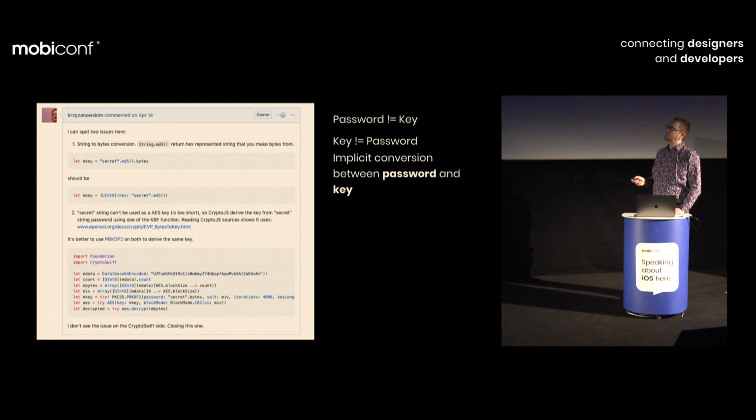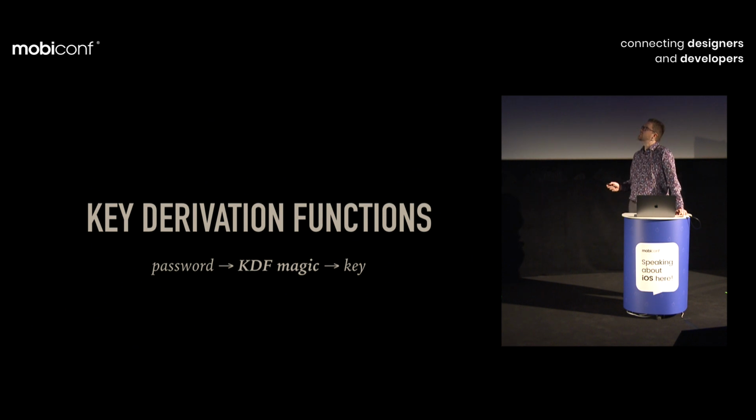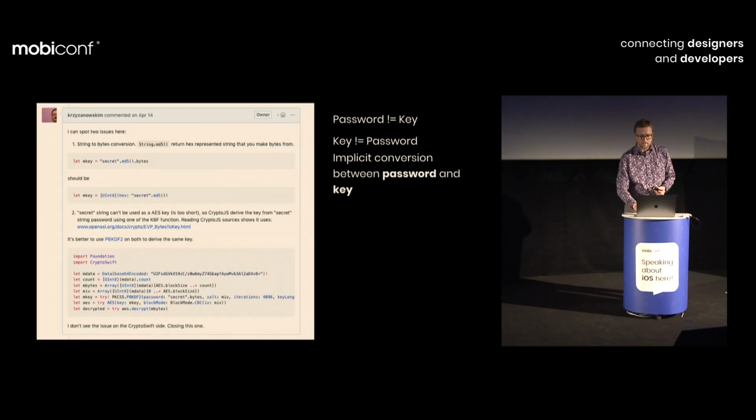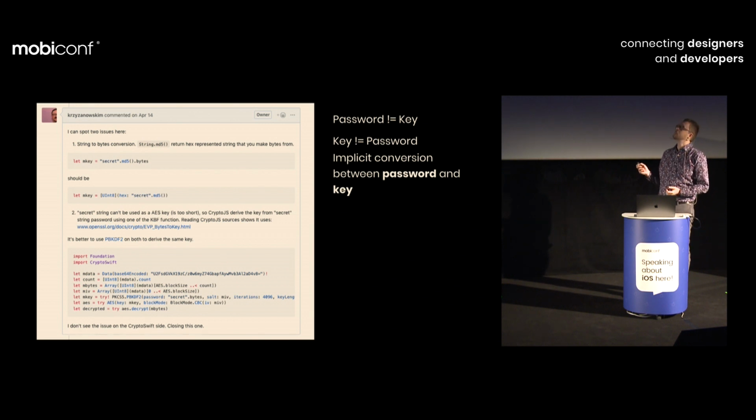So if you don't know that, using the CryptoJS library, you just use the wrong key, because you have to apply to your password the same function to encrypt the same message. The key derivation functions are the functions that do some magic with your password, because there's a difference. The password is not a key. It's very important. Password is something you choose. It can be your name or your pet's name.